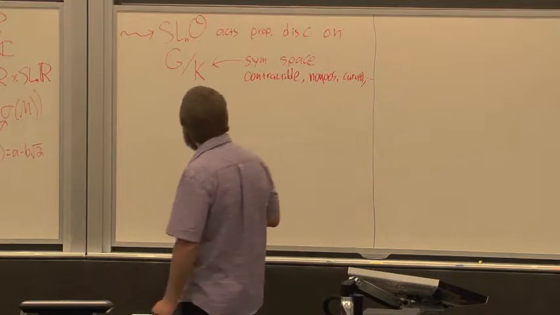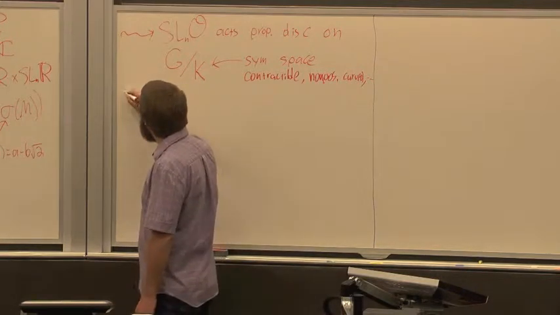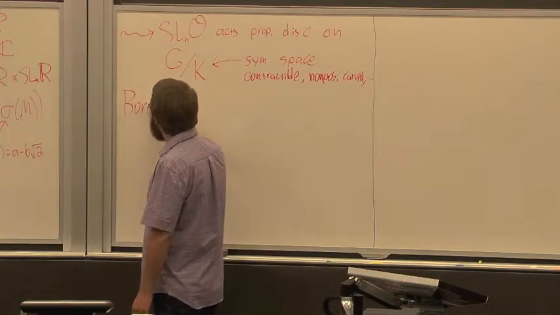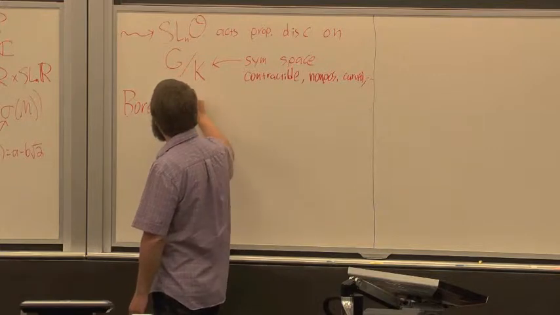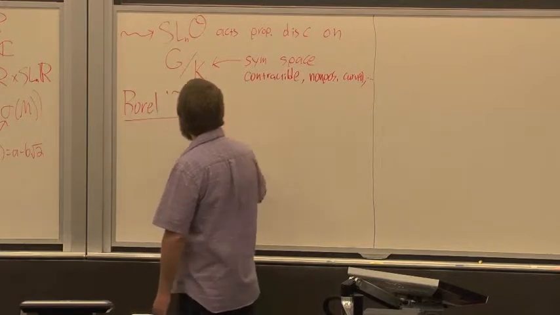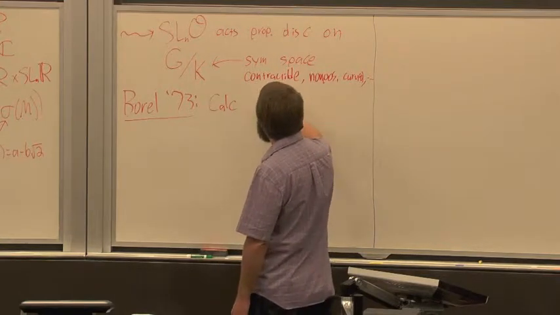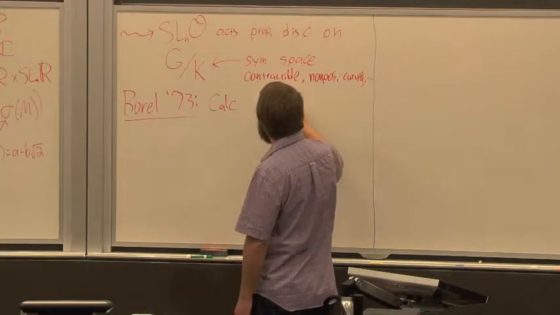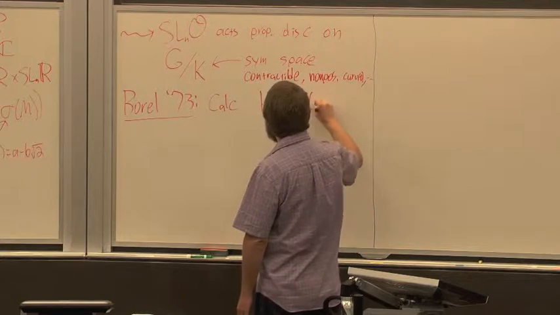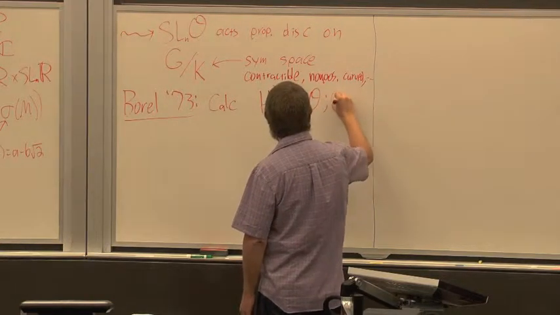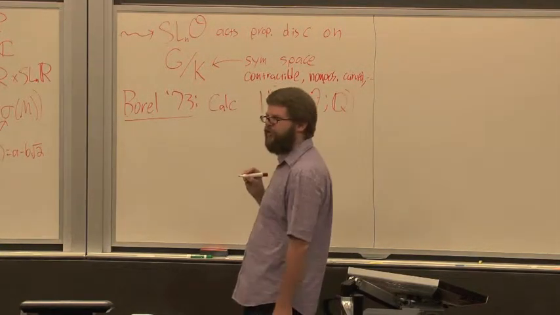So the first basic fact is a theorem of Borel from 1973. He calculated the cohomology H^i of SL_n O with Q coefficients; everything I'm going to say today is going to be rational.